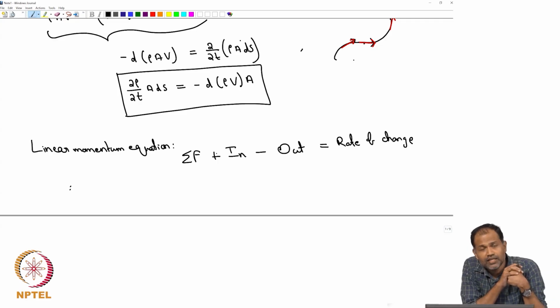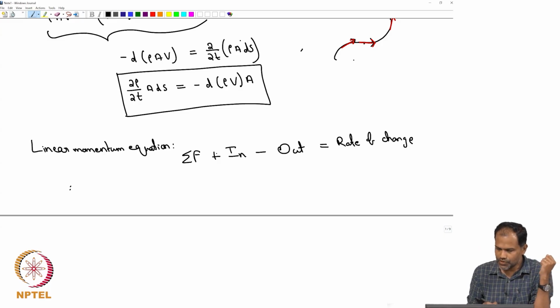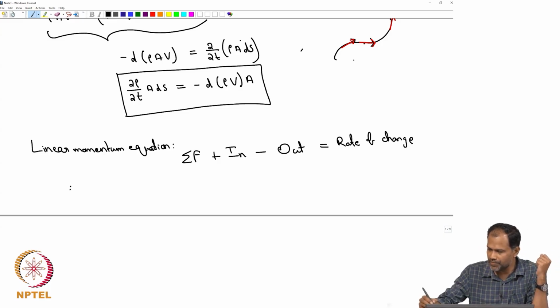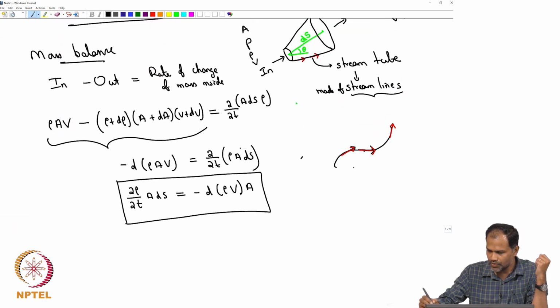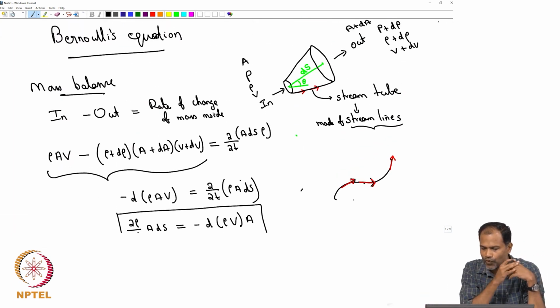Remember, that is the fact that we used to write down the momentum conservation equation. So, for this particular fluid element, there is a force coming from pressure, there is gravity that is acting, and then there could be viscous forces, and then we can also calculate the momentum that is going in and the momentum that is going out.